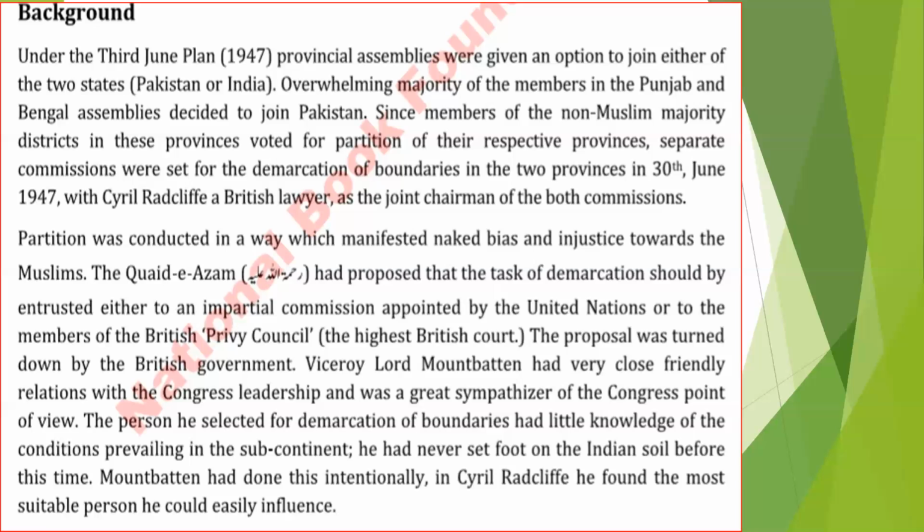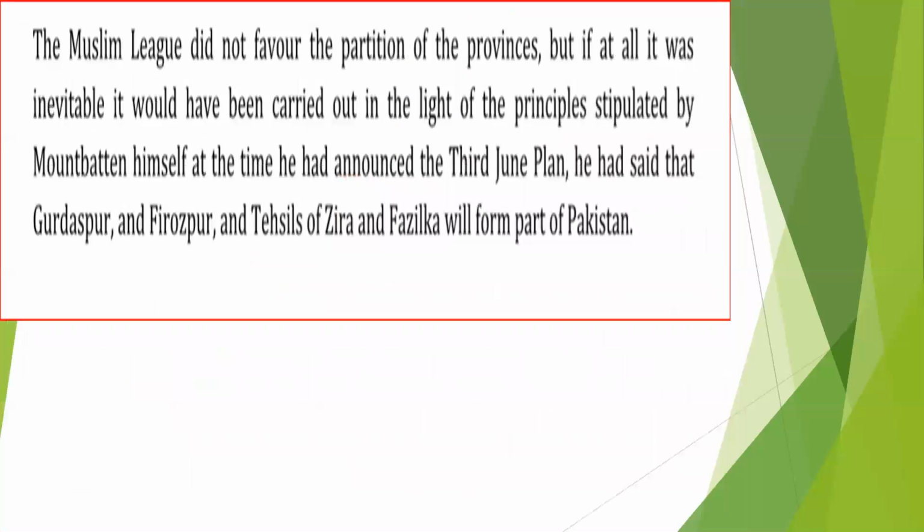He had never set foot on Indian soil before this time. Mountbatten had done this intentionally because he wanted to favor India. In Cyril Radcliffe, he found the most suitable person for this purpose.